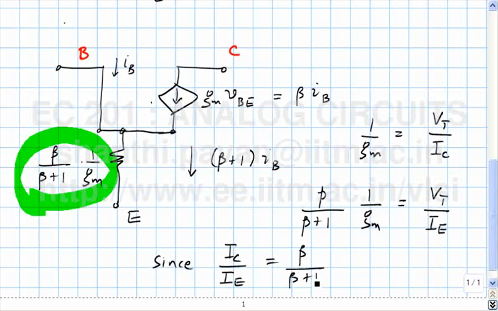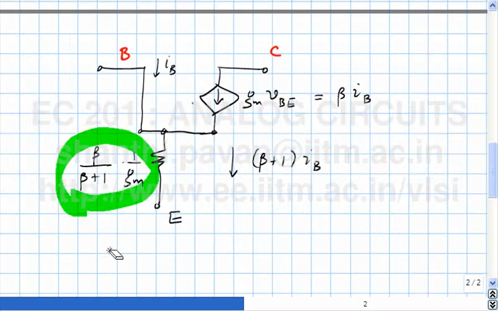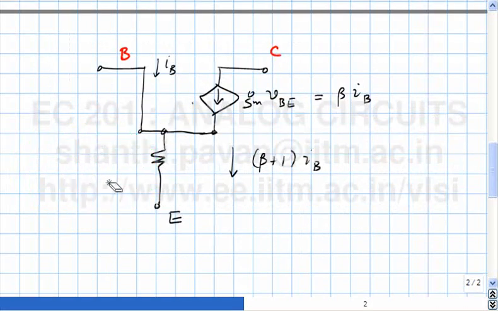Does that make sense? So this is often called small r sub e, and re is defined to be Vt by IE, where IE is the quiescent emitter current.